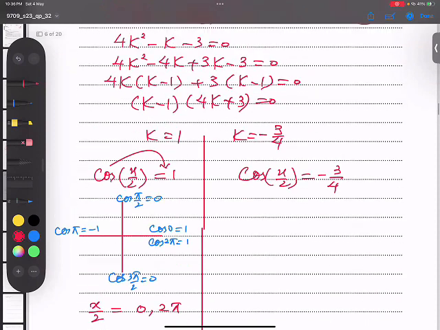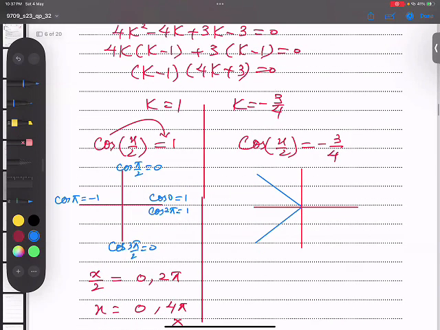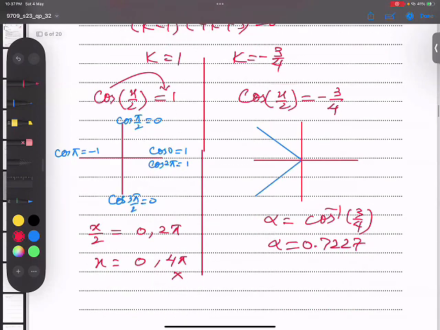Okay, so let's talk about the second part. Cos is negative where, students? Cos is negative here. And I will find the principal angle: cos inverse of 3/4. Make sure the calculator is in radian mode, and don't take the negative angle. It means this angle is 0.7227.